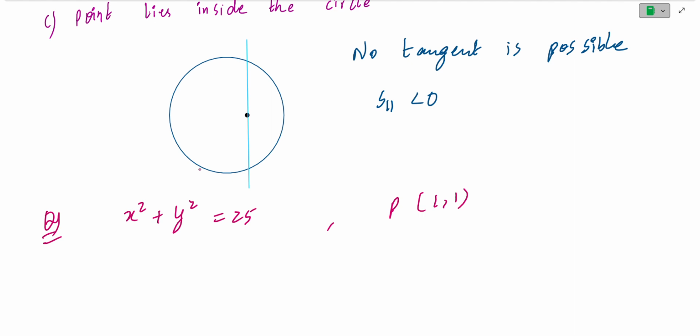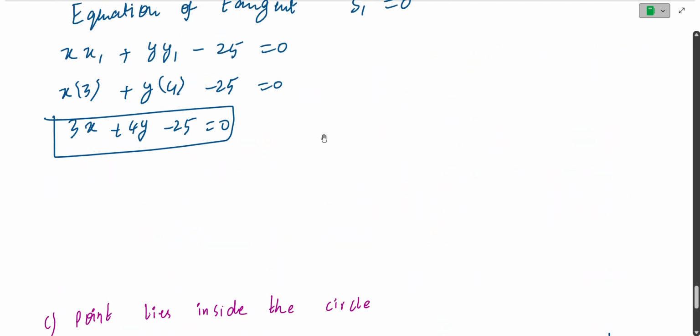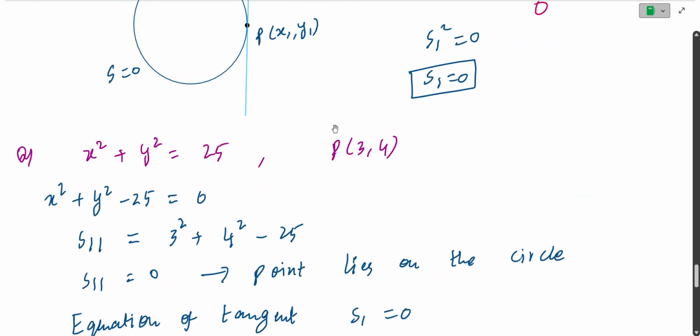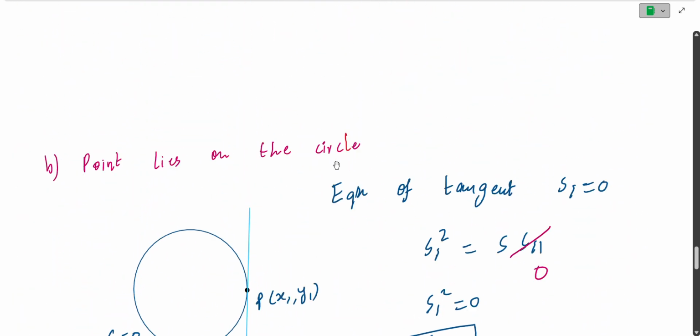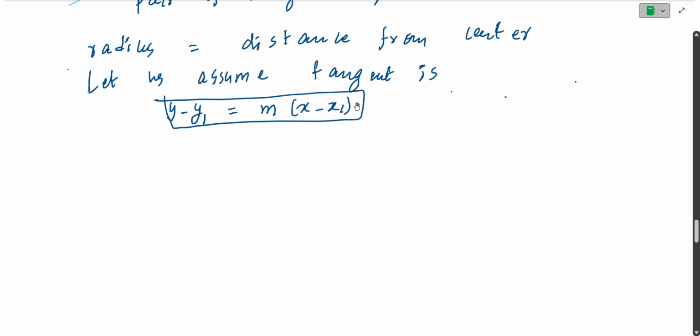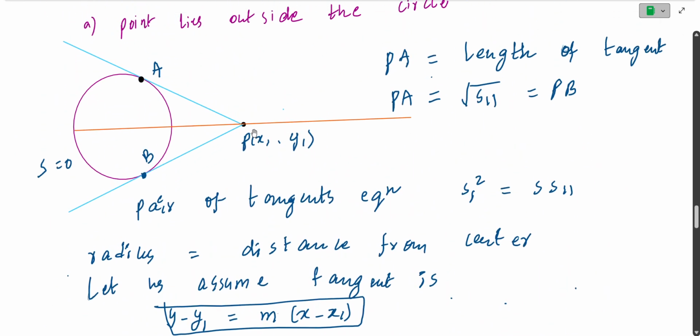So that's it for this video. In this video, what we have discussed is the equation of tangents for the various cases of the points given to the circle. When the point lies outside the circle, we can draw two tangents through the given point.